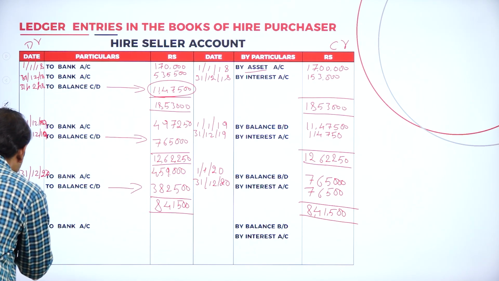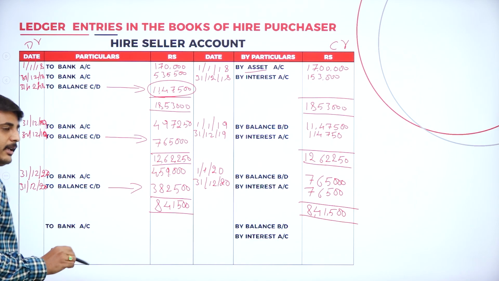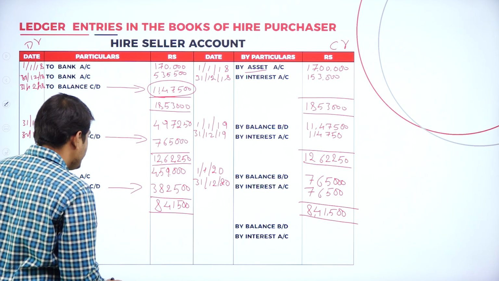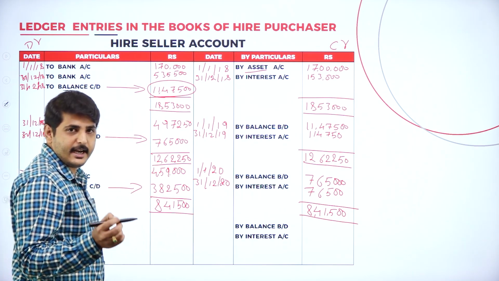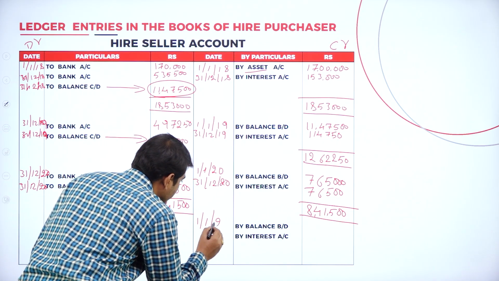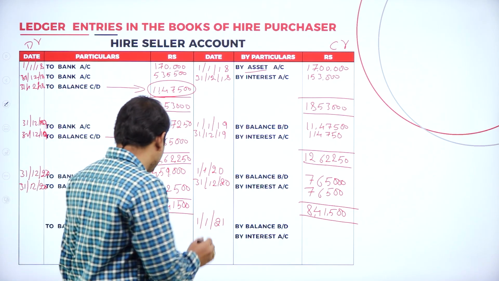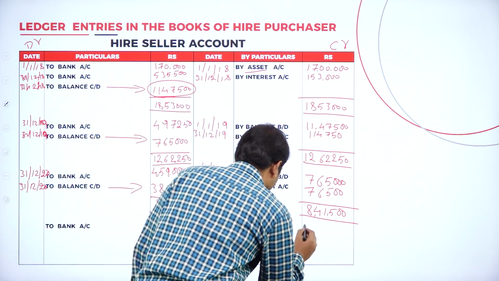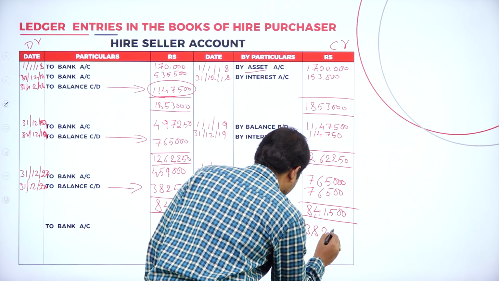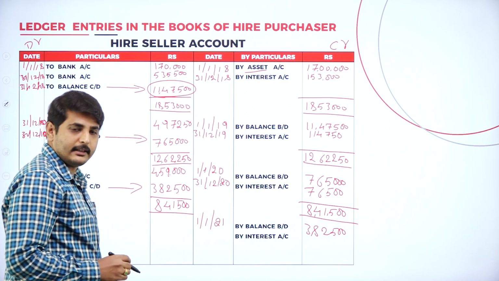3,82,500 will be carried down on 31st/12/2020. Again, for the next year, it should be brought down. What is the first day of the next year? 1st Jan 2021. Again, the same amount, 3,82,500, should be brought down. We have to calculate the interest.